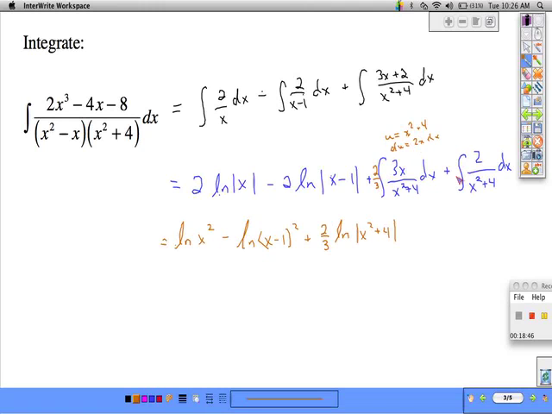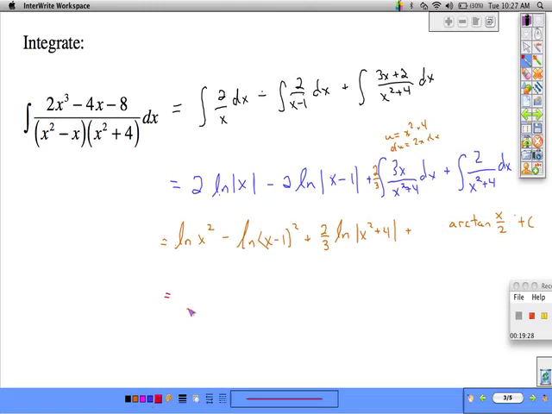And then the last integral fits the pattern for arctangent. It's 1/2 arctangent of x over 2. And then 2 times 1/2, those just cancel. And really, we could go a bit further. As these are a bunch of natural logs, we can combine them together using properties of logs.